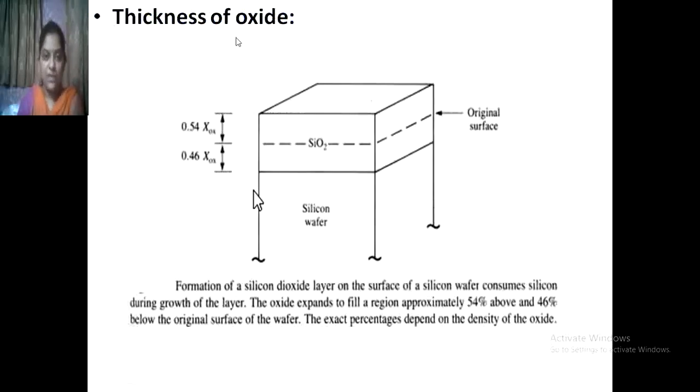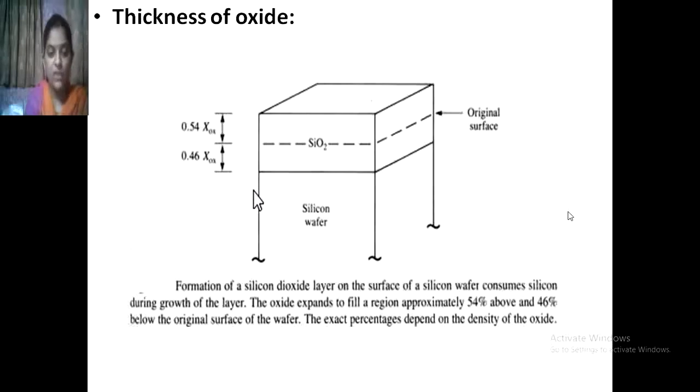Then thickness of oxidation. Here it is the silicon wafer and this is the original surface. Formation of a silicon dioxide layer on the surface of a silicon wafer consumes silicon during growth of the layer.